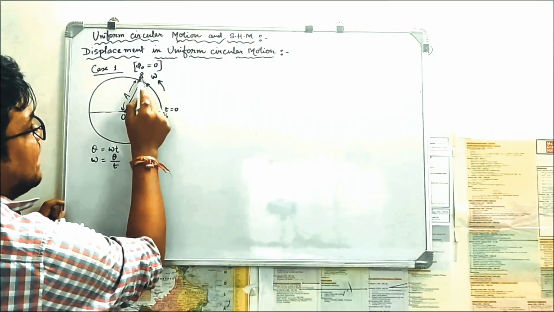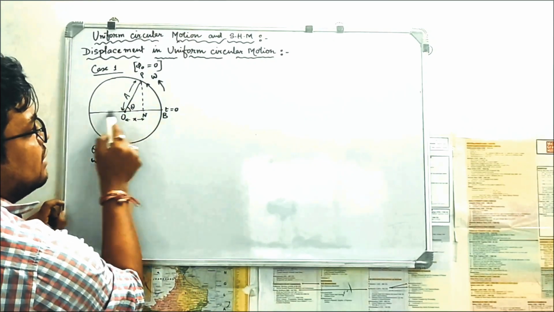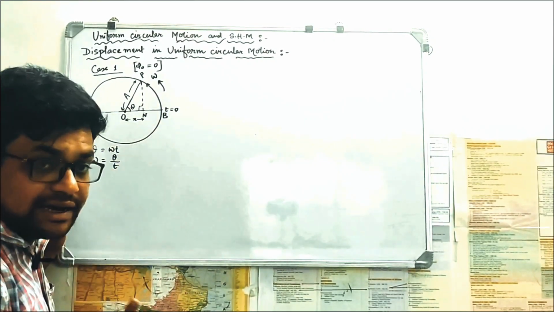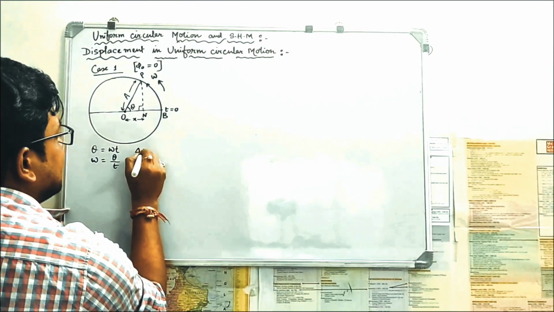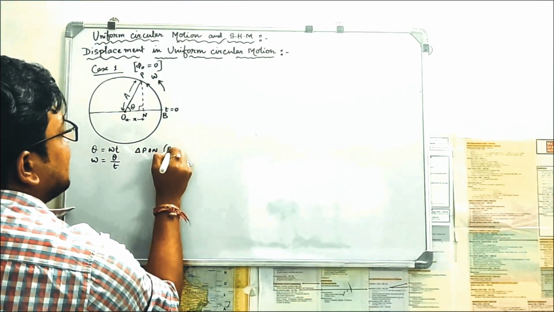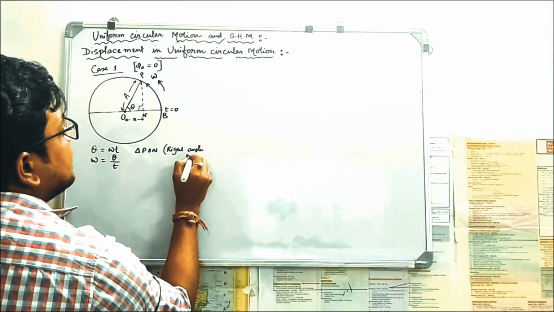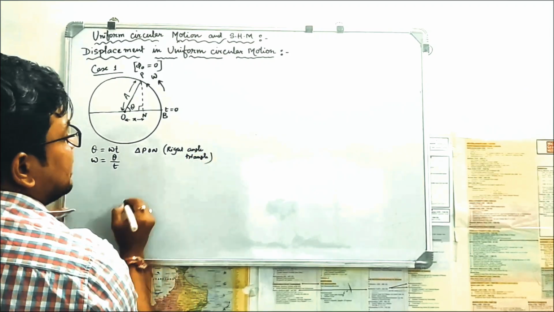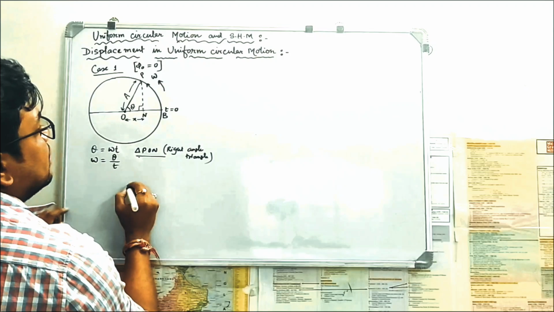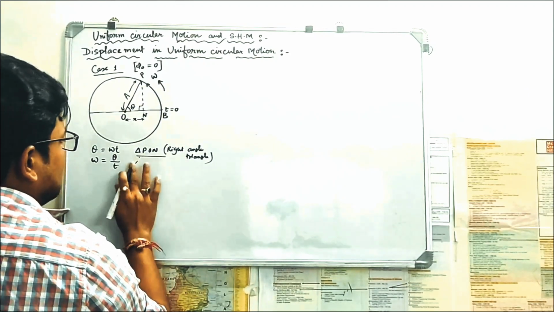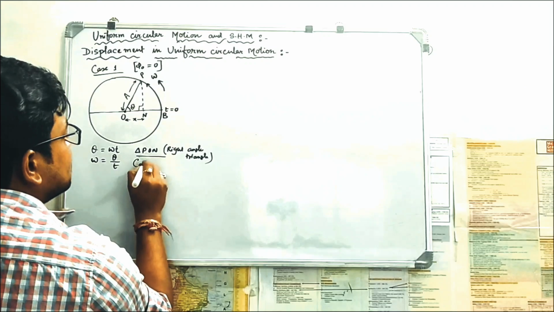It is a right angle triangle because PN is the normal on the diameter, so the angle is 90 degrees. So in the right angle triangle PON, I will write cos theta equals, so cos of theta.